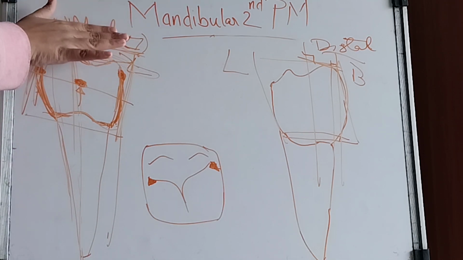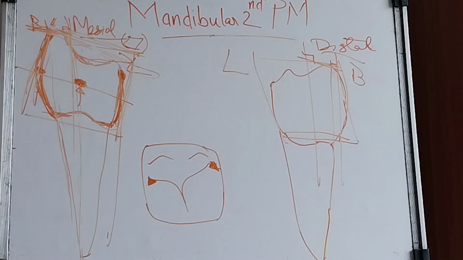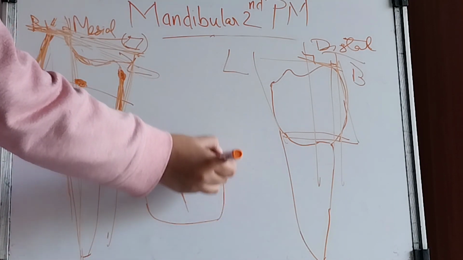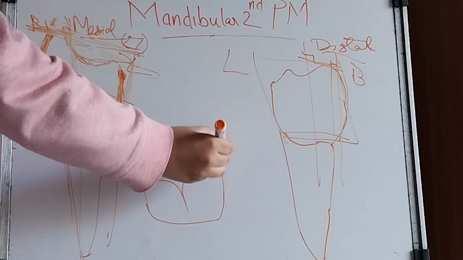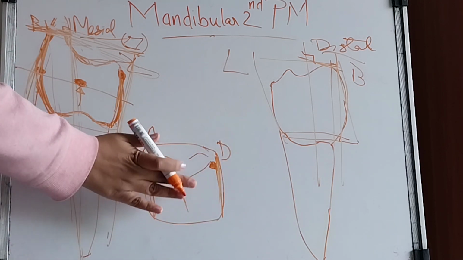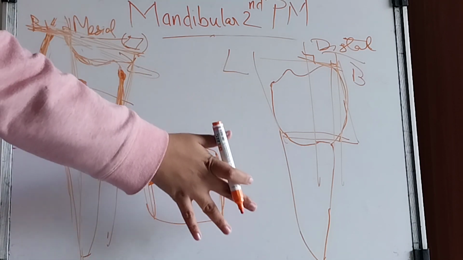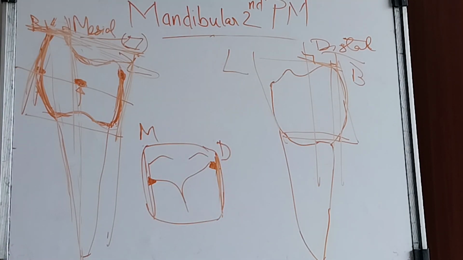If this is my mesial and this is my distal, this is the mesial marginal ridge, this is the distal marginal ridge. So in 3D, this one is a bit higher and this one is a bit lower. That is why, if this is a bit lower, more of the occlusal surface is seen from the distal aspect. Hope it's clear.